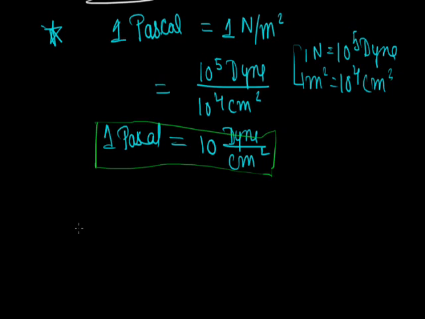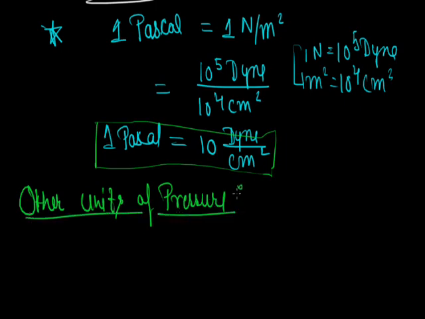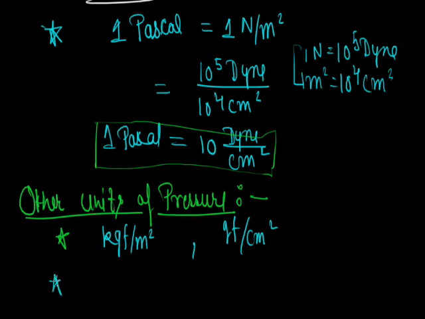Now the other units of pressure. However, as we know, thrust is also measured in kilogram force or gram force. So one of the units of pressure is kilogram force per meter square or gram force per centimeter square, or some other units of pressure such as bar.